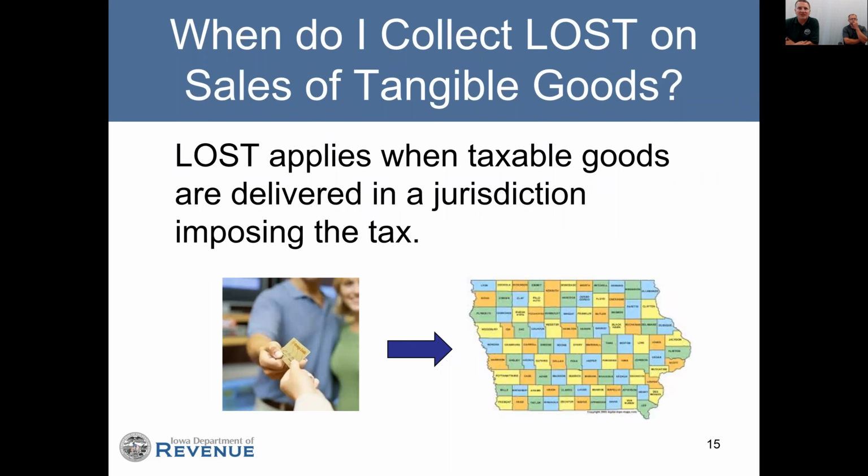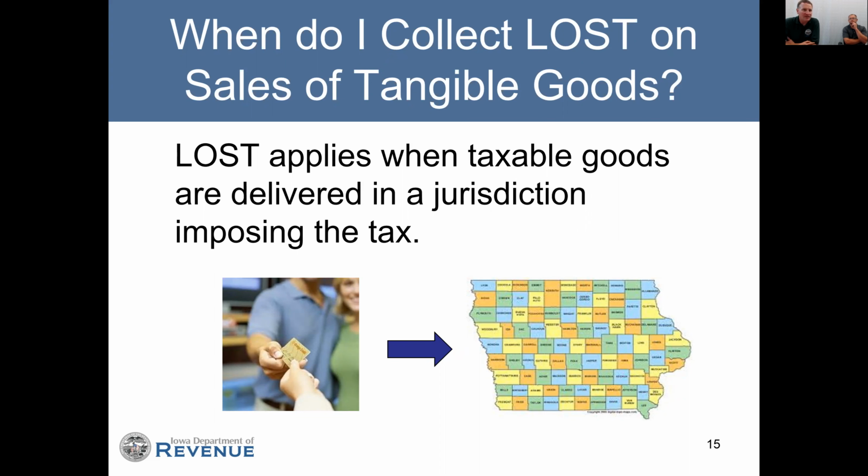When we're talking about sales of tangible personal property, the LOST applies when taxable goods are delivered in a jurisdiction imposing the tax. So it depends on where you take delivery, where you take possession of that item. For example, I'm from the Davenport area. We do have the LOST in Davenport.